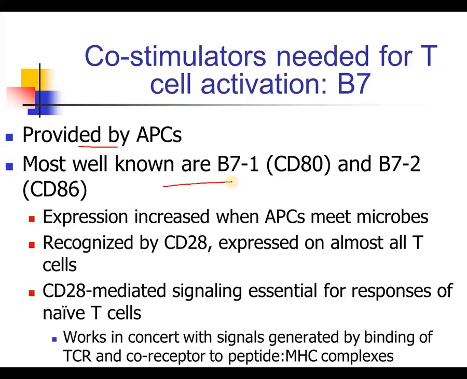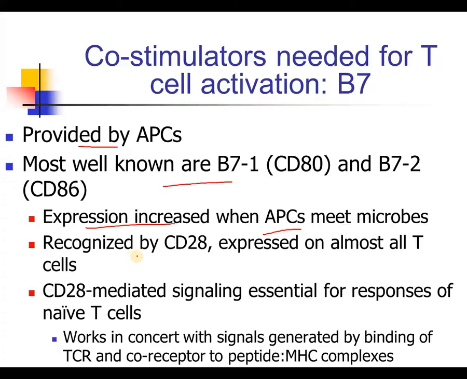They are expressed by the antigen presenting cells, and their expression is increased when the antigen presenting cells meet microbes. So the beautiful thing here is, when you're talking about having those second signals, we're talking about antigen presenting cells that have met microbes are going to produce things like B7 that will help to fully activate the naive mature T cells.